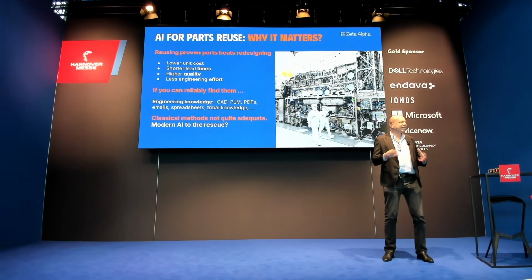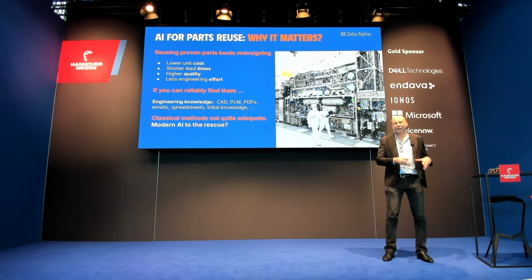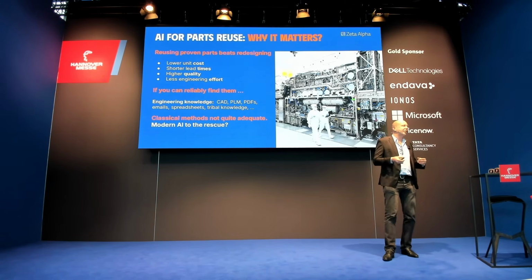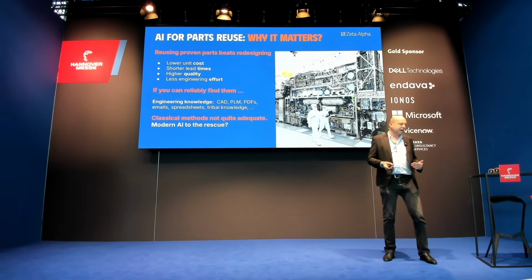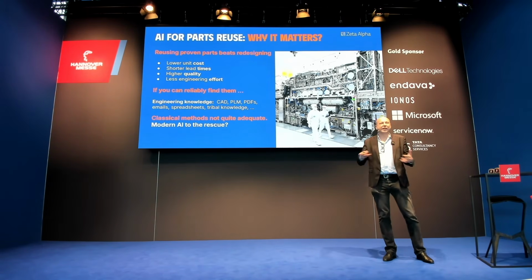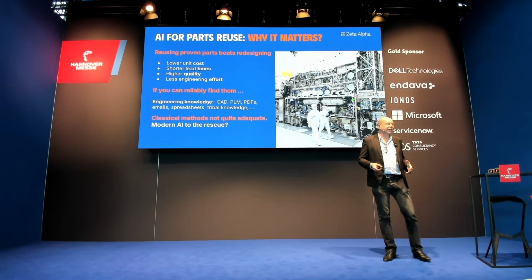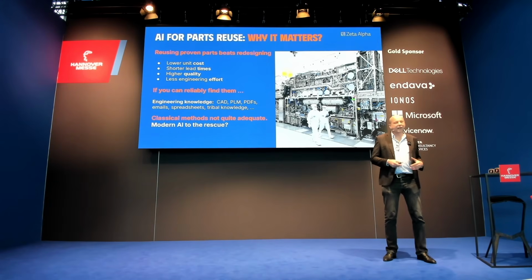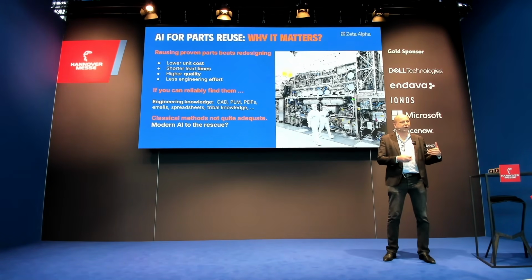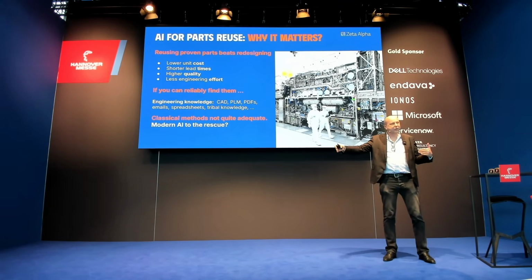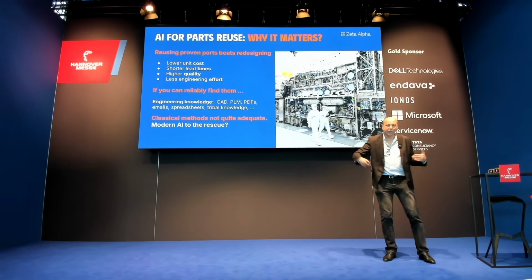You can go faster because the units are in stock and already tried and proven, which also leads to higher quality because you have already battle tested these parts in production. And last but not least, redesigning leads to a lot of effort in your engineering organization, right? It's a long cycle from the initial CAD design all the way to production at scale.